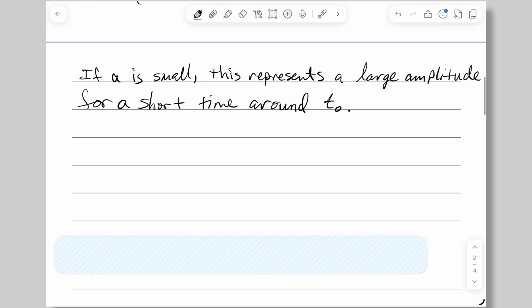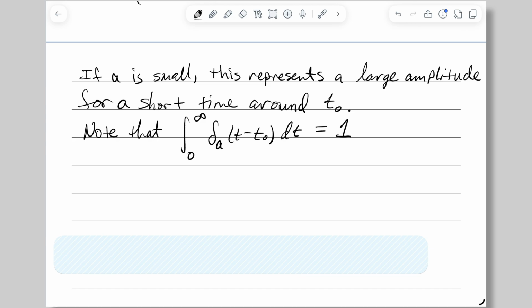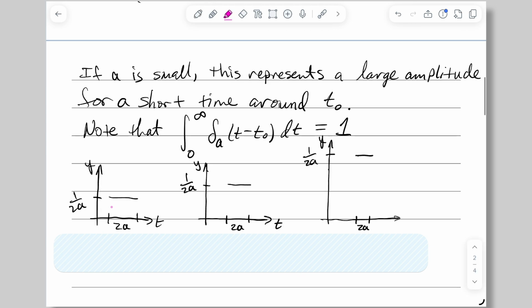So we can note that the integral from 0 to infinity of delta sub a of t minus t sub 0 with respect to t is equal to 1. As the size of a decreases, the height of 1 over 2a increases, but then the area under the rectangle is a constant 1.